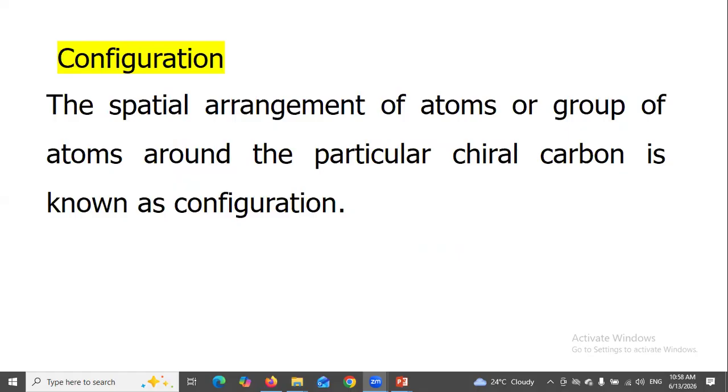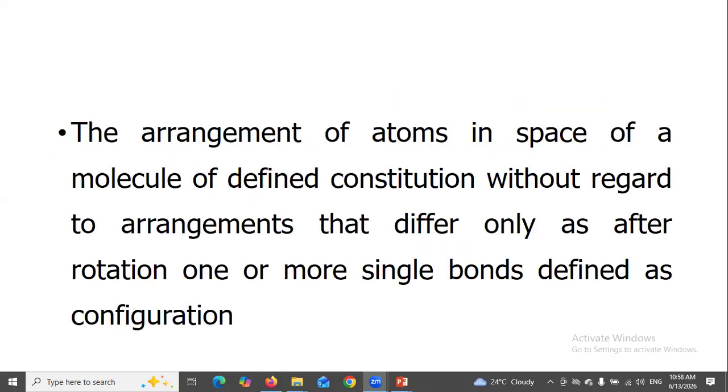Configuration is the spatial arrangement of atoms or groups of atoms around a particular carbon. The arrangement of atoms in space of a molecule, defined without regard to rearrangements that differ only by rotation about one or more single bonds, is defined as configuration.